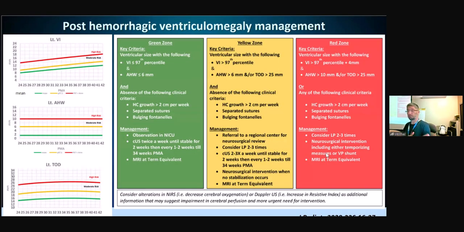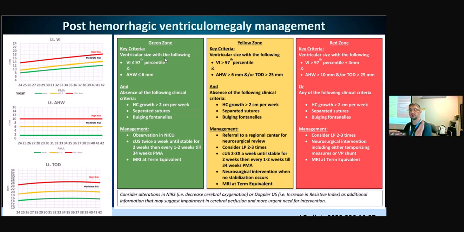So this is a paper that our NICU team is using. This is like an algorithm for how to approach these children. Based on our ultrasound measurements, clinical assessment, and head circumference assessments, they group these newborns into 3: green zone, yellow zone, and red zone.